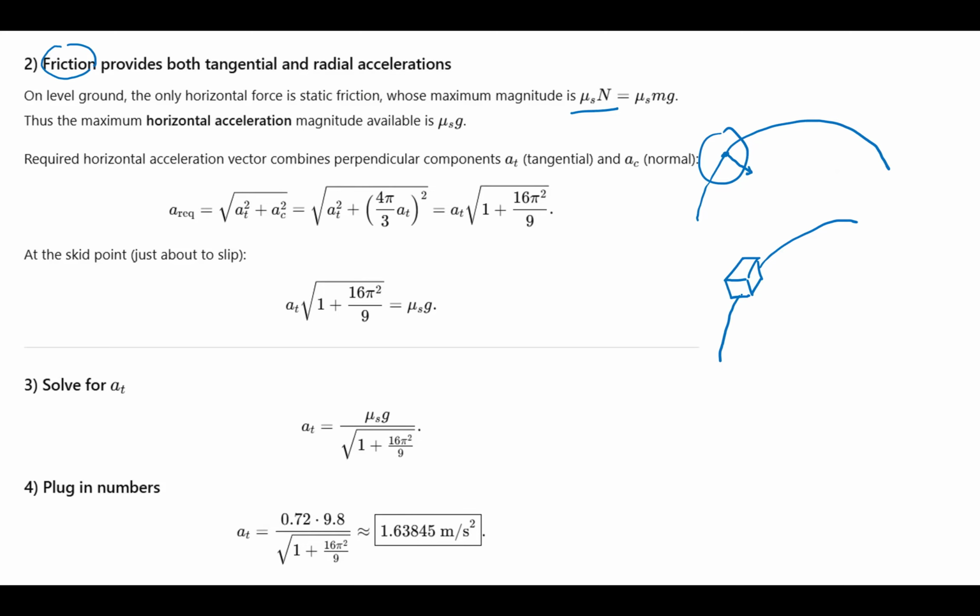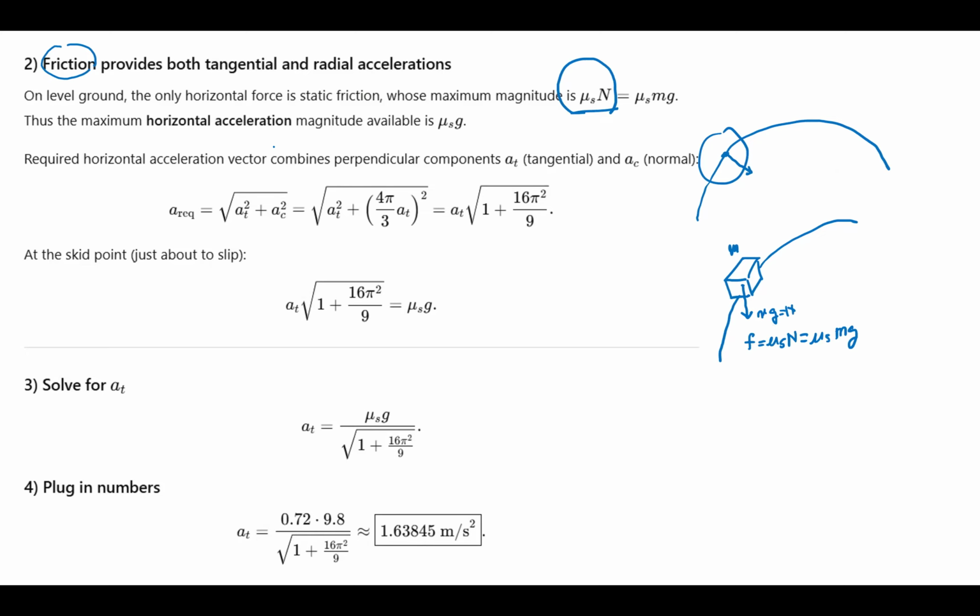We have the frictional force, and the mass is m, and there is a normal force pushing the object on the ground, and this is mg. The frictional force depends on this normal force, and is given by mu s N, which is mu s mg.